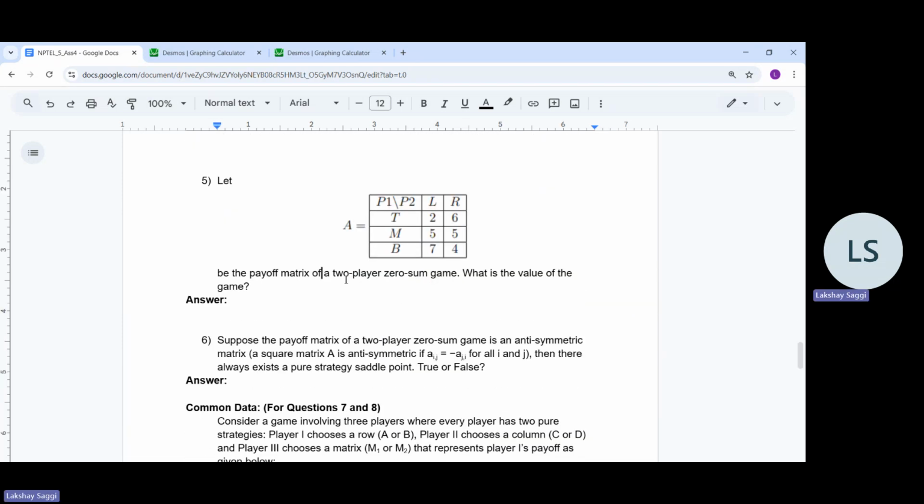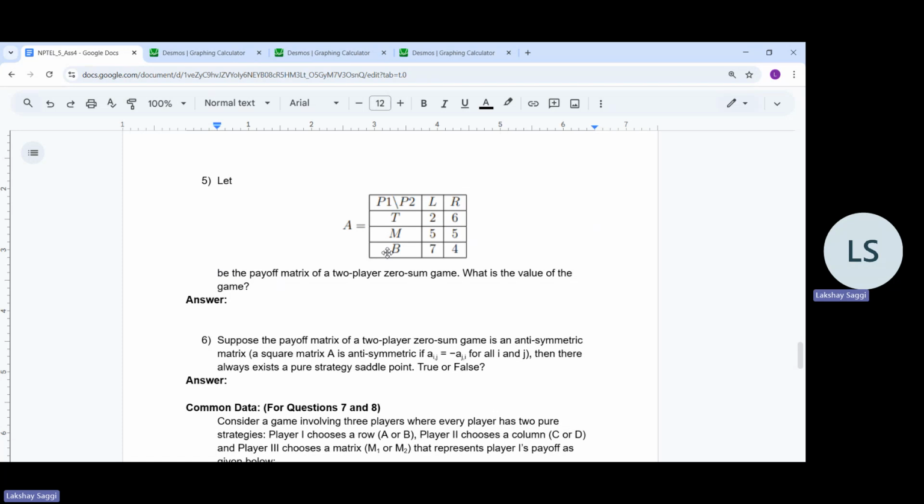The fifth question is again similar to the kind of questions which have been discussed in the lectures also. Maybe I'll just duplicate this because I'll again be plotting using these terms. In the fifth question, we are given a 2 cross 3 matrix, so there are three choices for the row player and two choices for the column player.